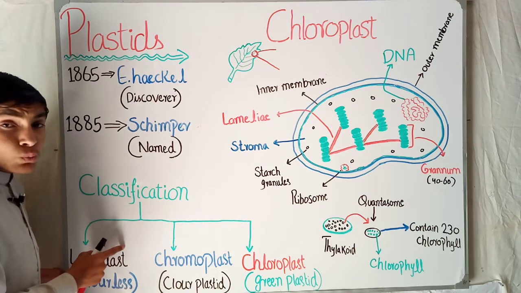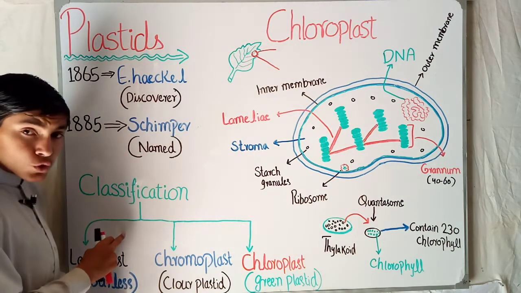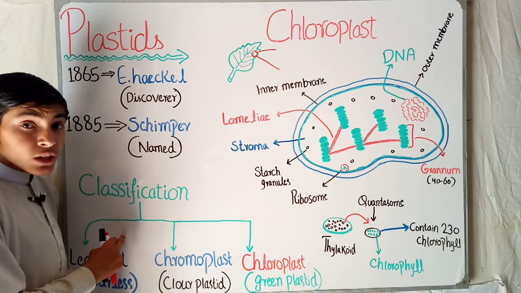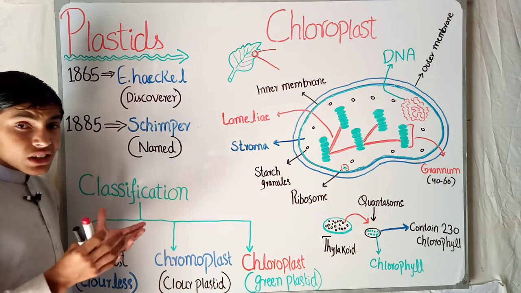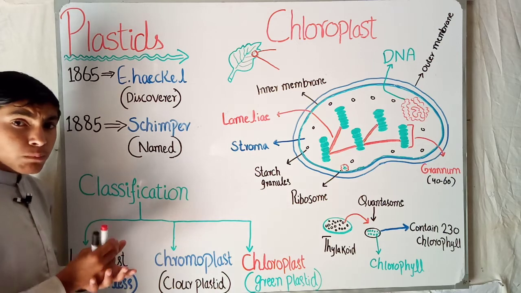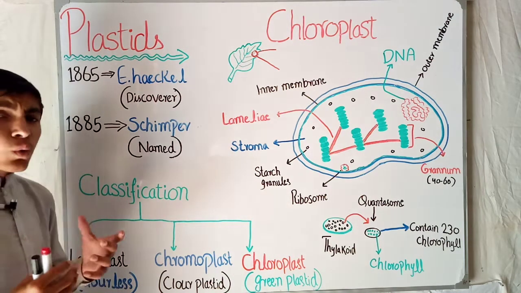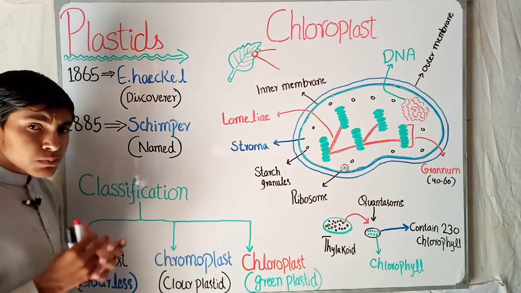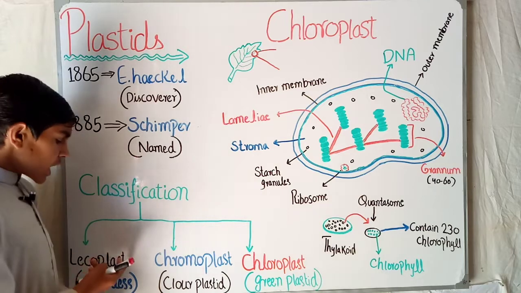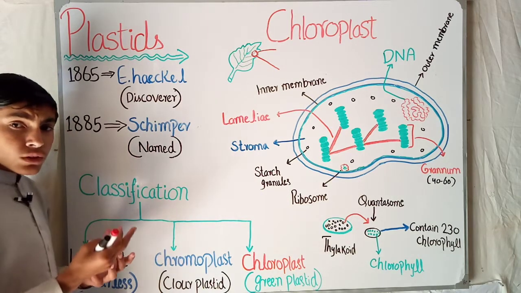Somewhere they are also present in some stems, because in the stem the plant also stores its food. So we say that leucoplasts are those plastids which don't have a specific color, and these are found in cells which store food.